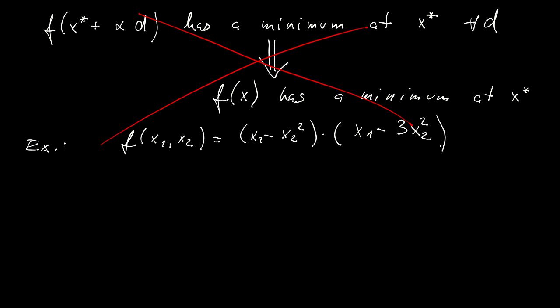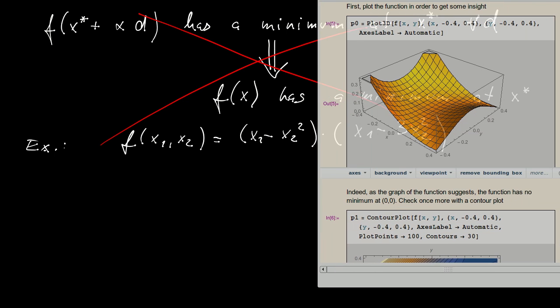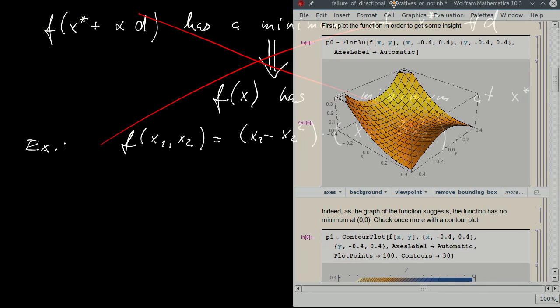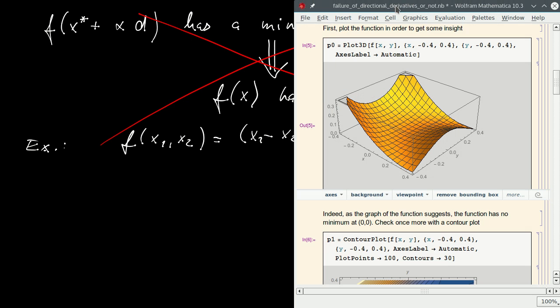And now I think at this point I will need some help from some computational tool, because visualizing this will not be that easy. So have a look. This is how the function can look like. You can check it by yourself that the only critical point here is the origin, the point 0, 0.